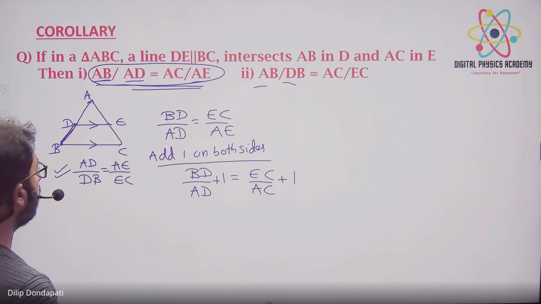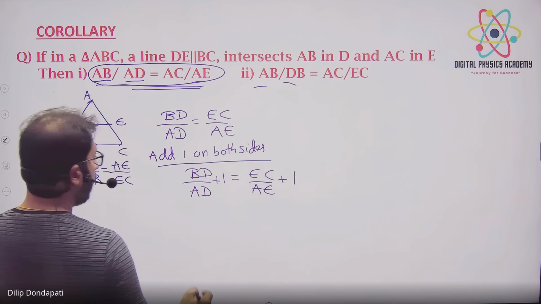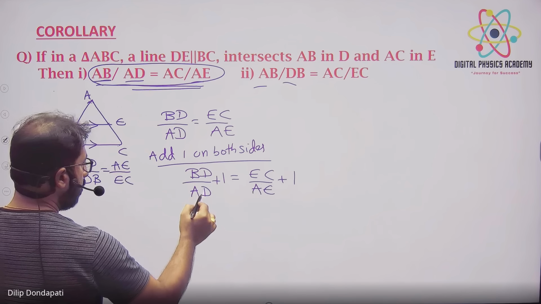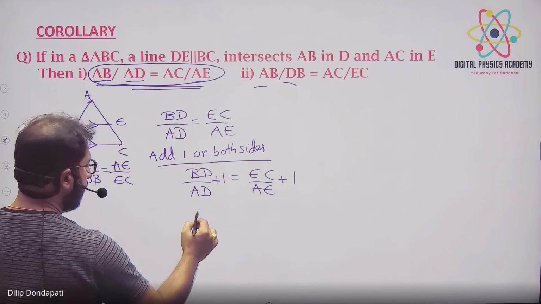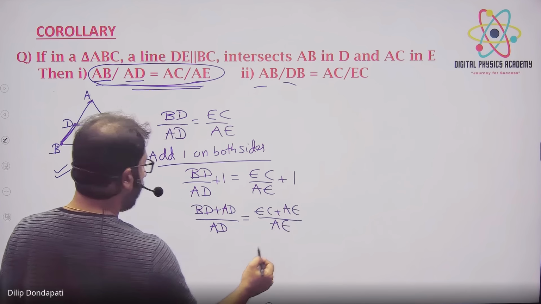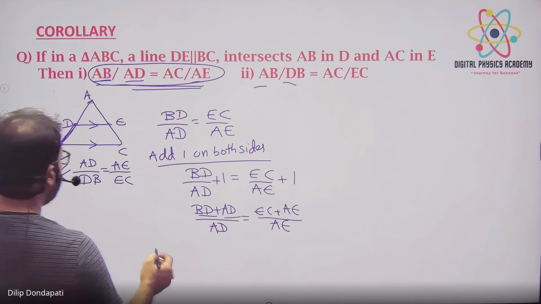Sir, AC by AE, not AC. AC by AE. Okay. Now add करो. BD plus AD by AD is equal to EC plus AE by AE. Okay. So BD plus AD is how much?